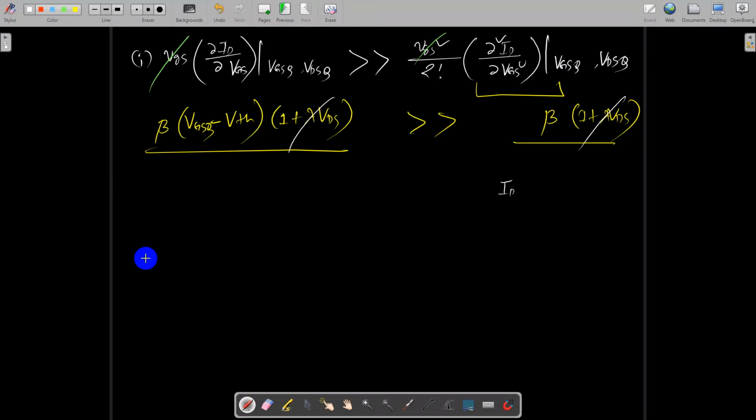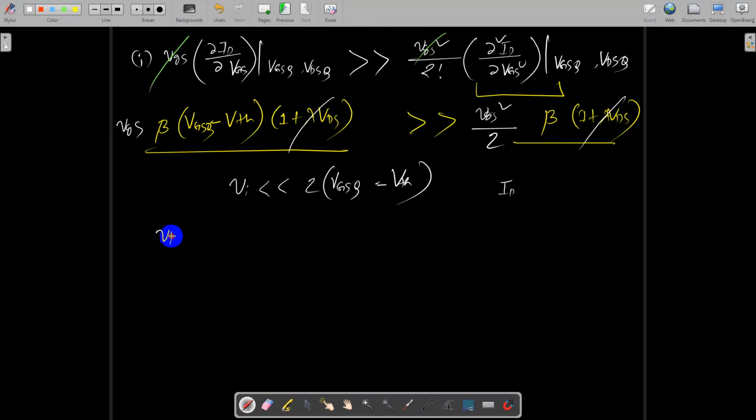And now if we have VGS here, and here we have VGS squared over 2 factorial, which means 2, and your VGS is equal to Vi. You can simply say that your Vi should be less than twice the VGSQ minus VTH.